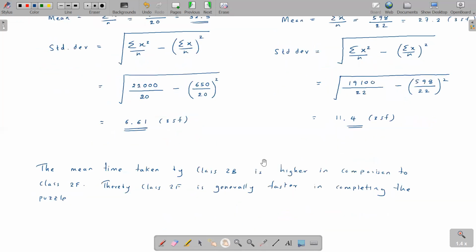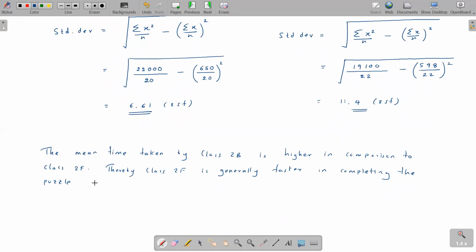Okay, so you can write standard deviation, write the full word. Standard deviation of class 2F is higher than class 2B. So what does this mean?